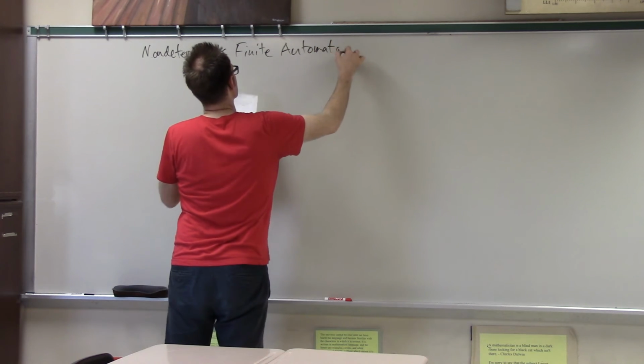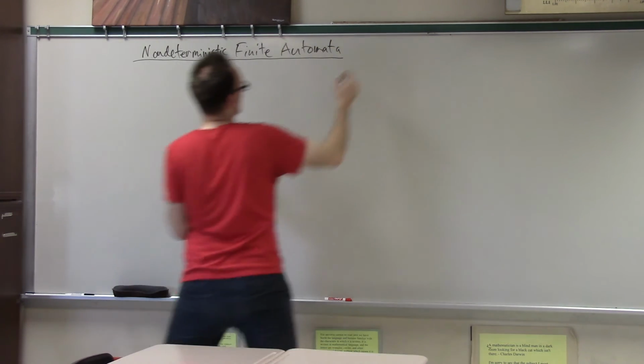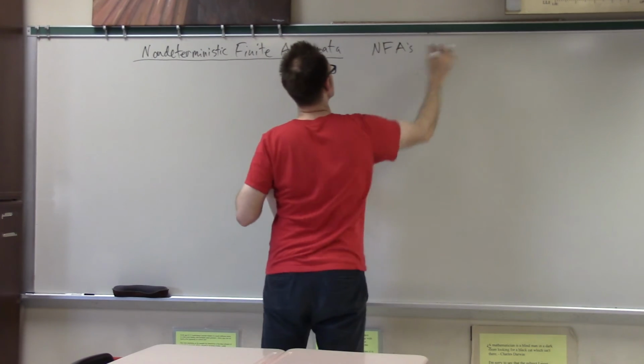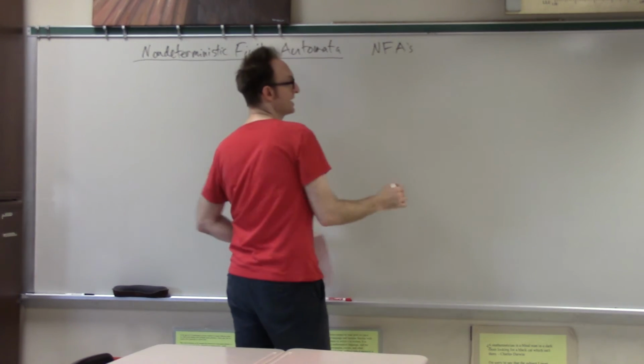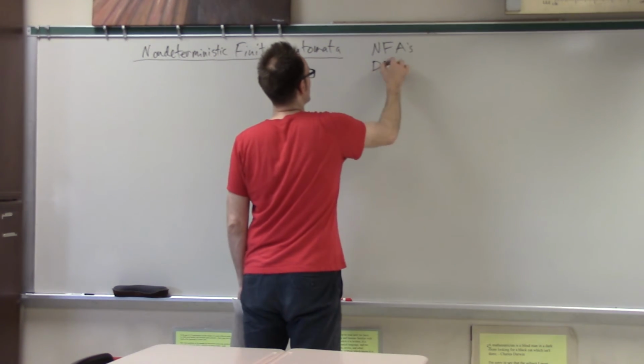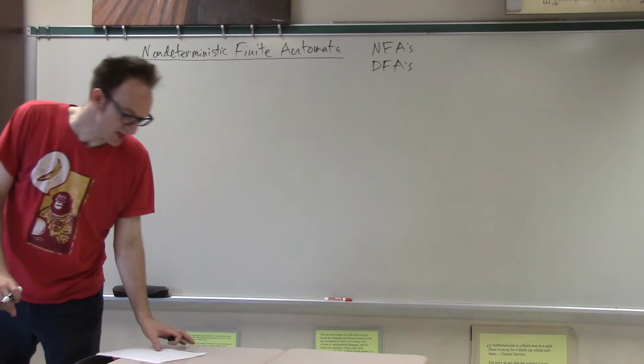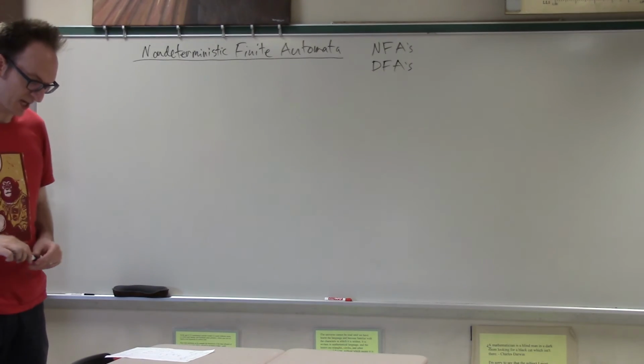Alright, so what's up with this? These are affectionately known as NFAs, and they are to be distinguished from the other kinds of finite automata, which you call DFAs, deterministic finite automata.